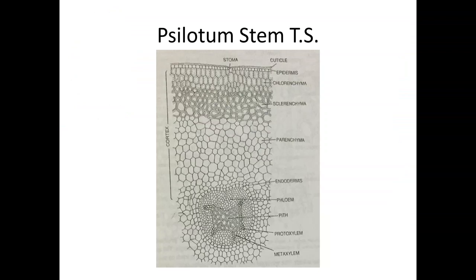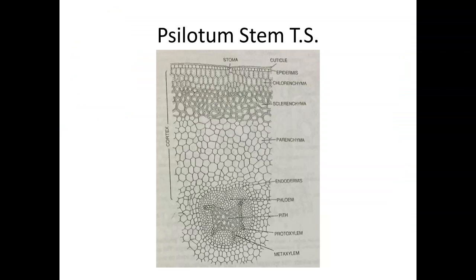Then this many cell thick region is followed by one cell thick region known as endodermis, and one cell thick pericycle. Then the central cylinder, the stele, is protostelic, or here the stele is siphonostelic because at the center pith is there.